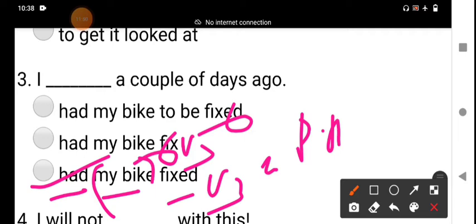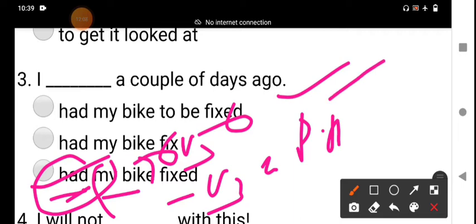I had my bike fixed a couple of days ago. Had is in the simple past tense here. It means it is an already completed action.